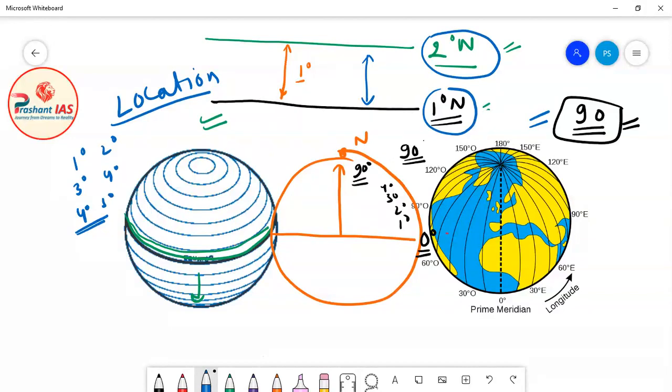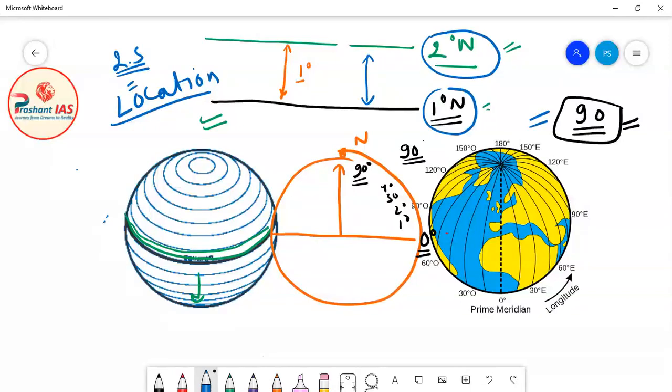The distance between two consecutive latitudes is even more than the average distance between two cities. For example, it is approximately 2.5 times the distance between Delhi and Gurugram. So you can imagine how large is the distance between two parallels of latitude.